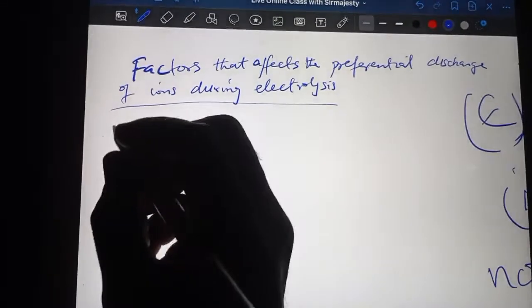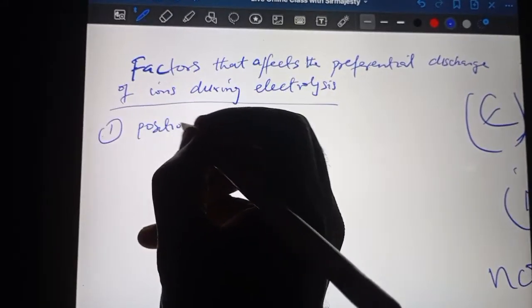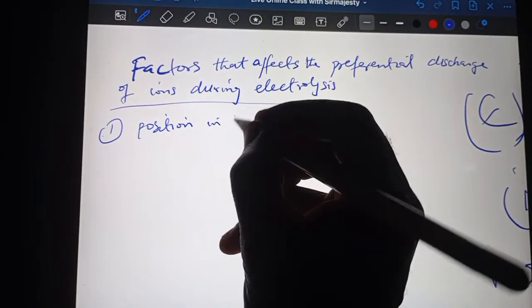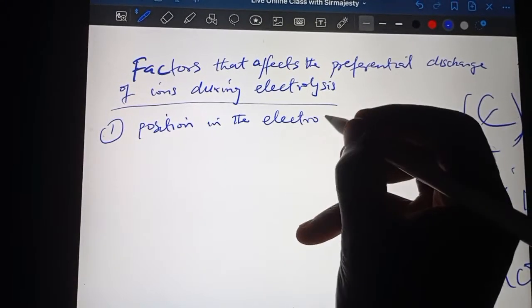There are three of them. Number one is position in the electrochemical series.